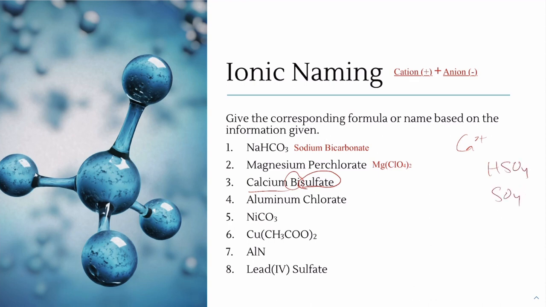It was SO4 2 minus. That's another thing you have to remember: all the charges on these, because it affects what the compound will look like. So 2 minus, which means if we added H plus to it, bisulfate would have a 1 minus. Again, we're coming together in a 2-to-1 ratio, and that ultimately produces this compound here. That's calcium bisulfate.